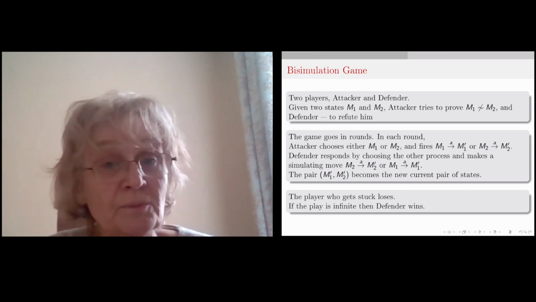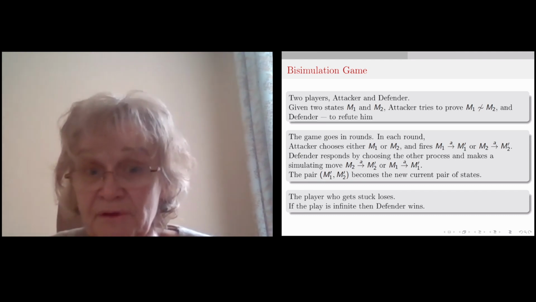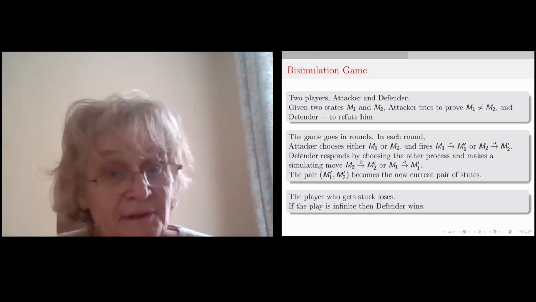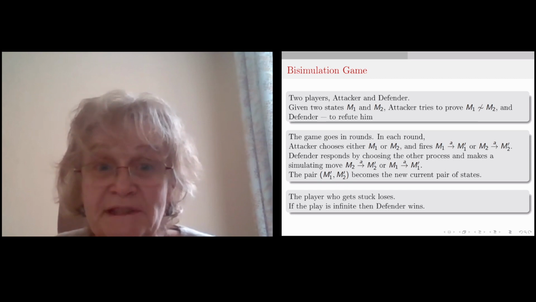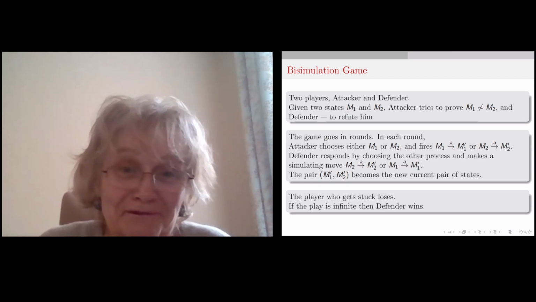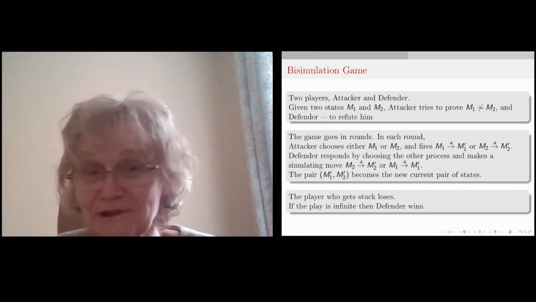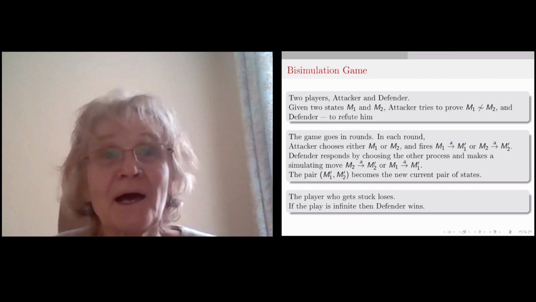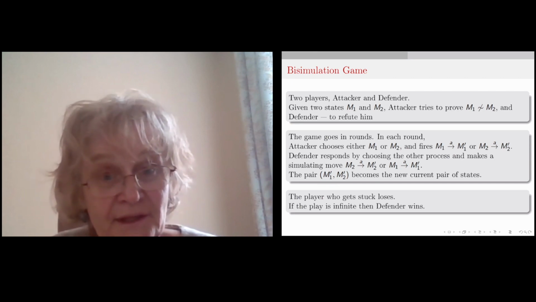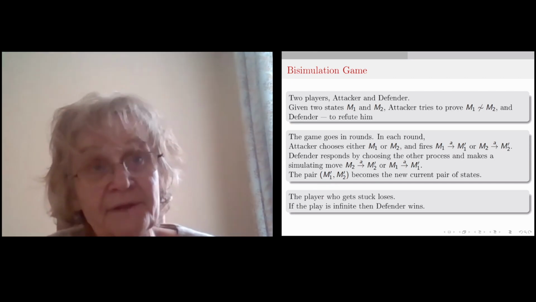Of course, to prove that two states are bisimilar, we can just demonstrate such a relation. But to prove that they are not bisimilar, we have to check all relations, which is not good at all. But luckily, there is a game characterization of this equivalence.